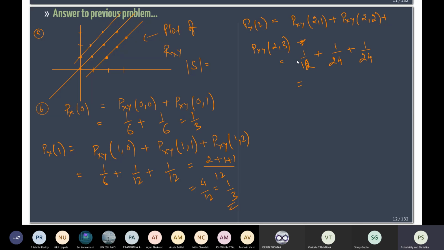So this is like half of 24 and so many of the 24, which will be 1 over 12 basically.